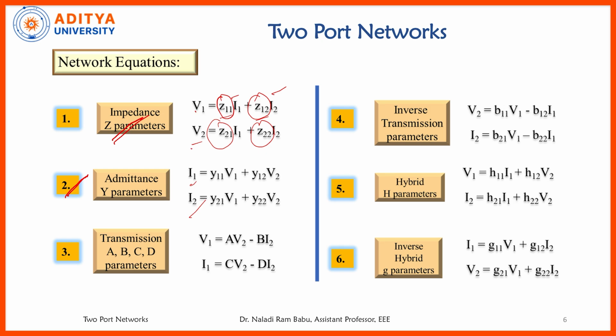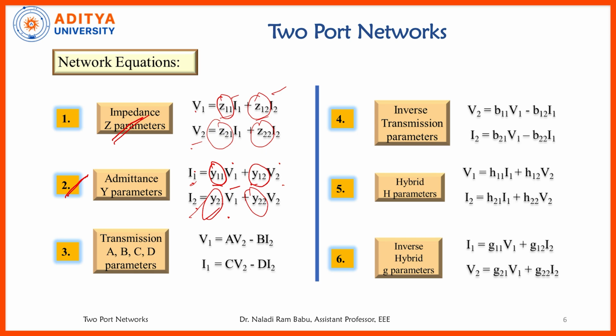In the admittance network, I1 is equal to Y11 V1 plus Y12 V2 and I2 is equal to Y21 V1 plus Y22 V2, where I1 and I2 are the input and output currents and V1 and V2 are the input and output voltages. Similarly, Y11 and Y22 are self admittances, and Y12 and Y21 are mutual admittances.